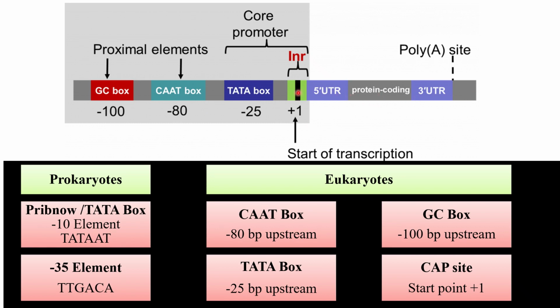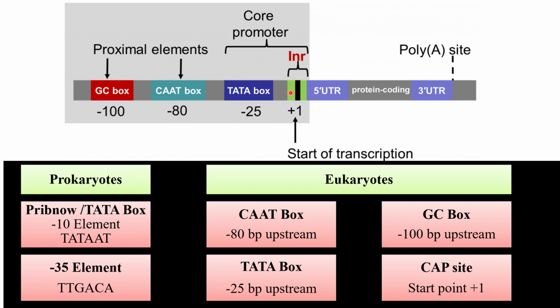This is the site from where the transcription starts, the initiation step, the start of transcription. We call it +1. From +1, this is the region to which the RNA polymerase will bind, and then the 5' untranslated region, the coding sequence region, and then the 3' untranslated region.